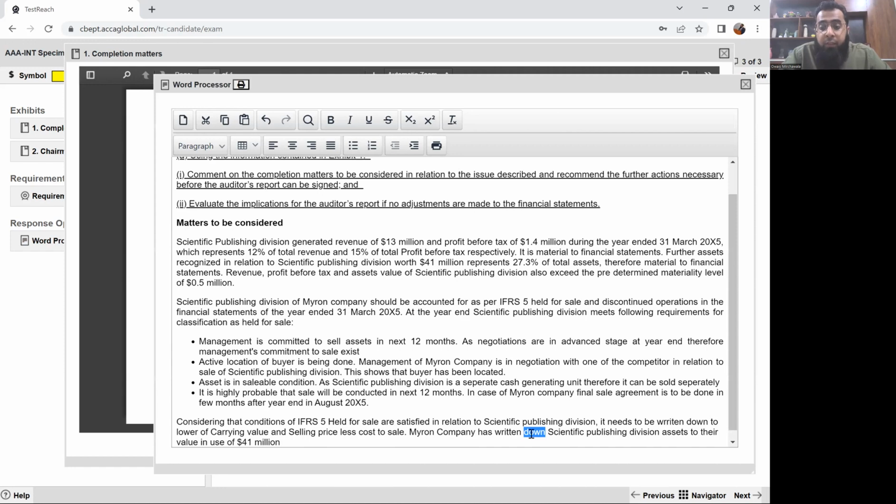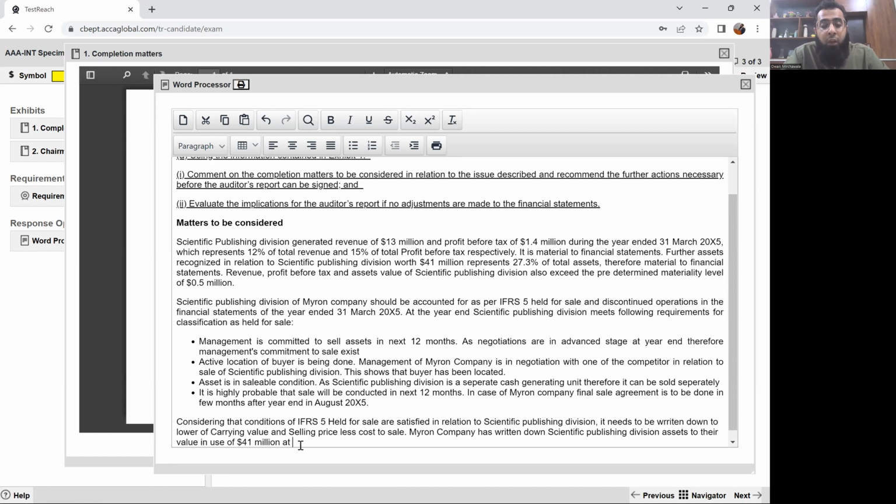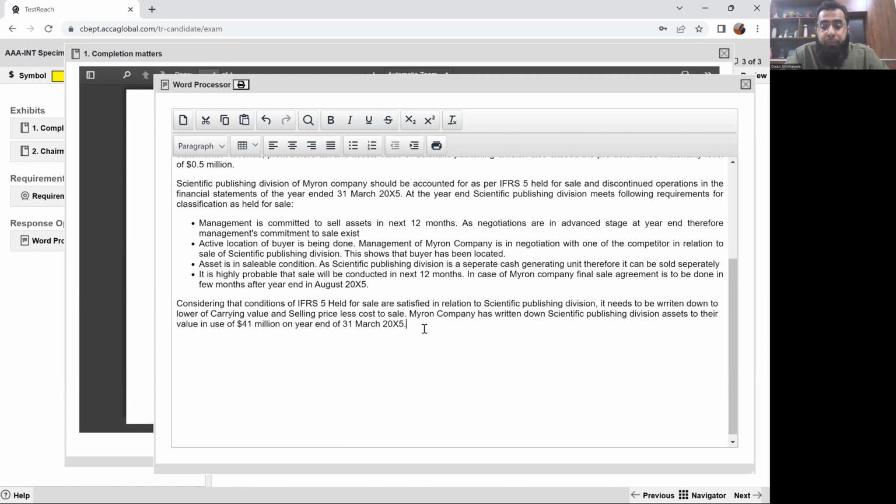Myron company has written down scientific publishing division assets to their value in use of $41 million on year end of 31st March 2005. Okay, it is wrong, as impairment should be till selling price less cost to sell, which is $42 million.